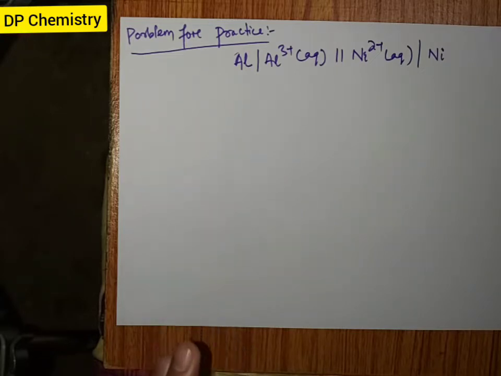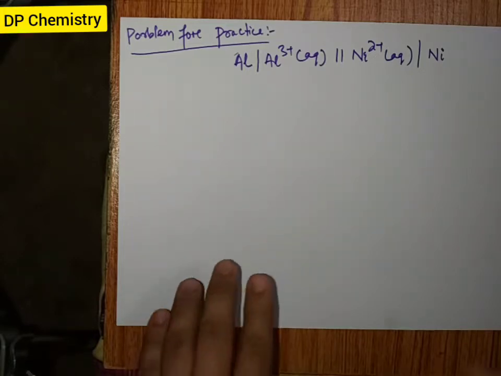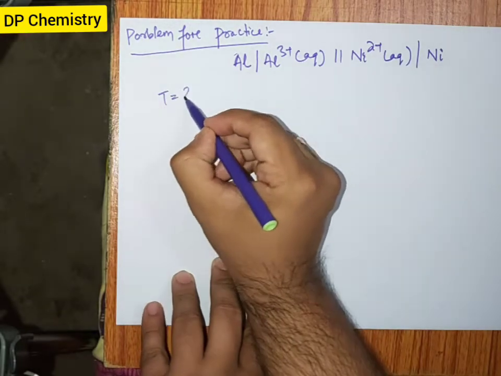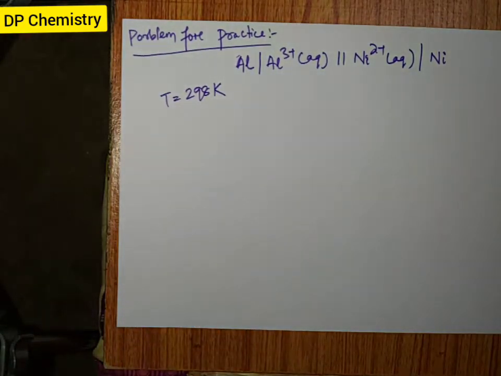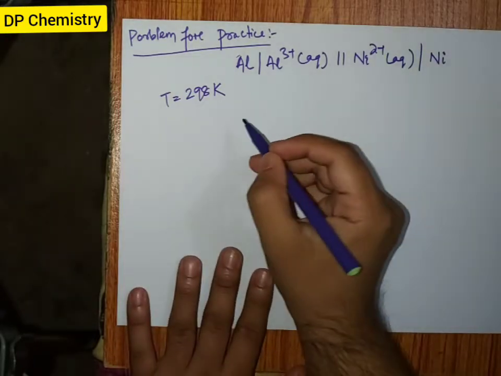Then find the value of n, and the temperature is also given here as 298 Kelvin, right? So use the equation of 0.0591 by n and find the Nernst equation.